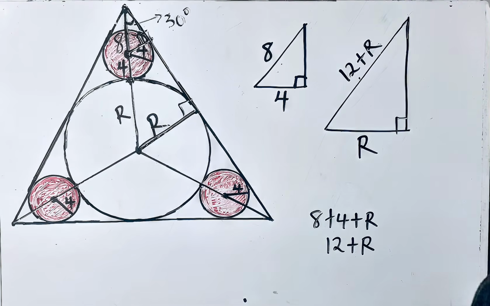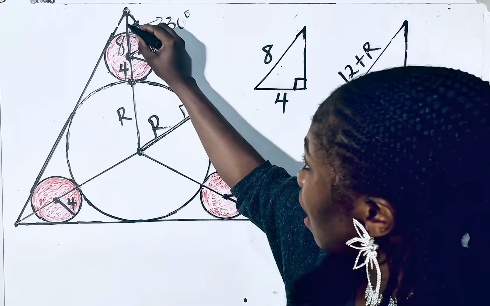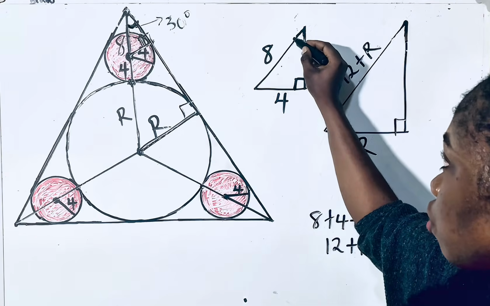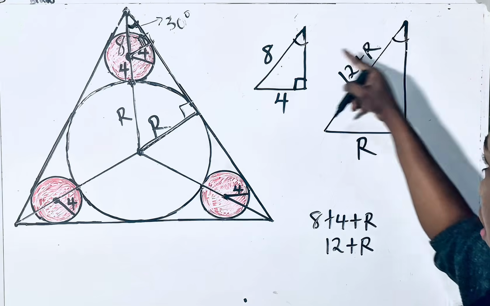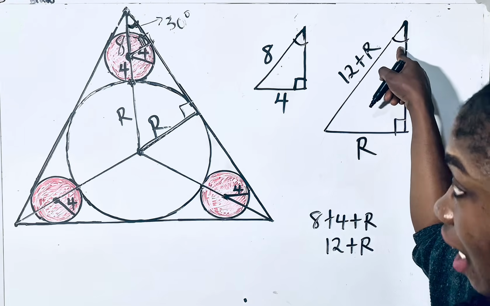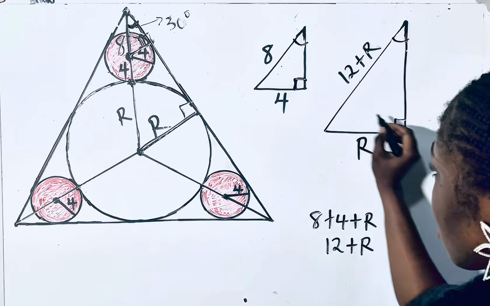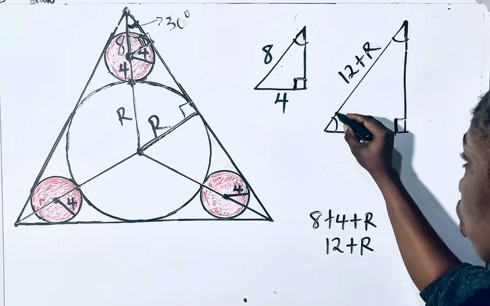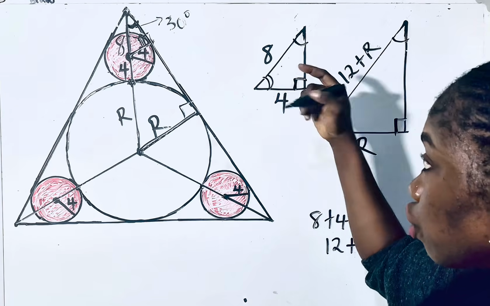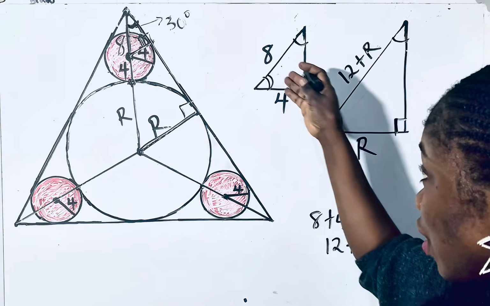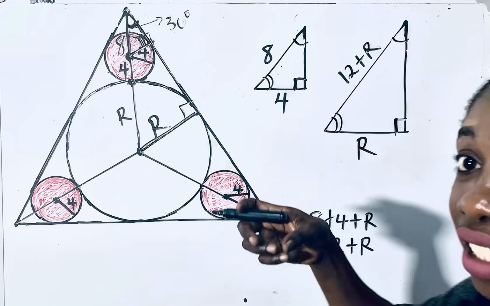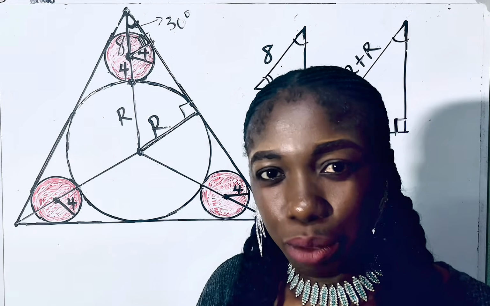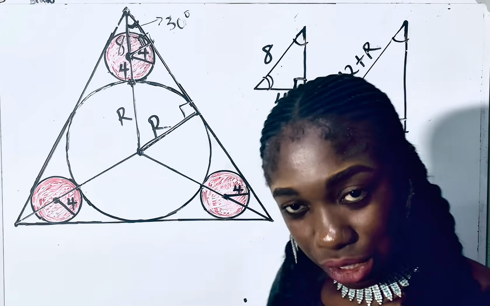Now, what did you observe? Observe that this angle here is 30 and is the same vertex for these two. So it means that they have the same angle formed here. And remember that this measures 90 degrees. So it means that the remaining angles should also be equal, since they are corresponding. So corresponding angles are equal, and it means that the corresponding sides should be proportional, obeying your similarity of triangles.